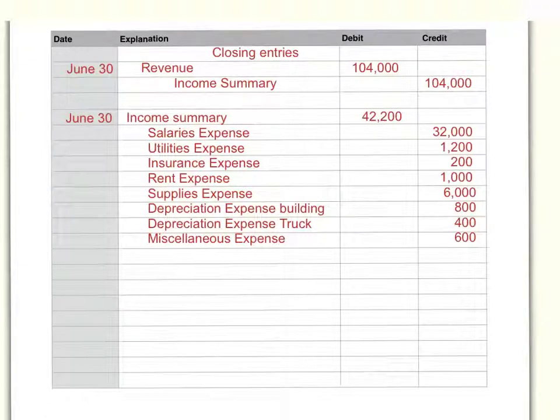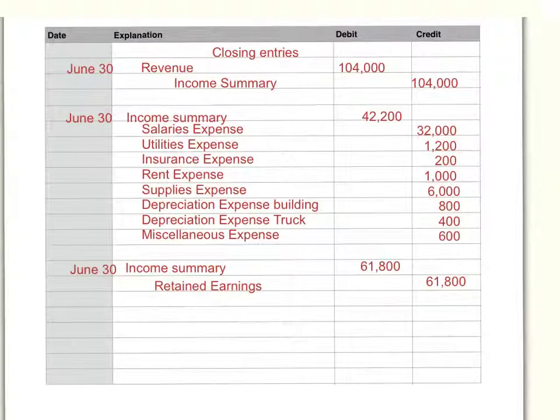And all the expense accounts in my records have debit balances, so to bring them to 0, I credit each one. Salary expense $32,000, utility expense $1,200, and so on, and debit Income Summary $42,200.